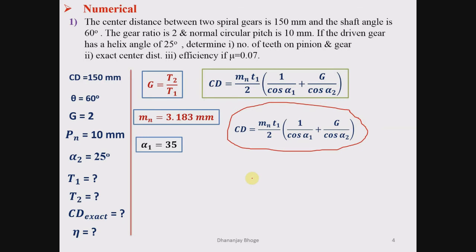Pn upon 2 pi in bracket Pn upon cos alpha 1 plus... हा मग त्याच्यात जर घेतलं तर Pn आपल्याकडे आहे. हा मग तेच सेम केलंय ना इथं. फक्त mn ची व्हॅल्यू आधी काढून घेतली. तू pn अपॉन पाय लिहिणार ना, तेच इथे लिहिलंय ना मी mn. mn इज pn अपॉन पाय, बरोबर. आणि इकडे T1 T2 होता, T1 बाहेर घेतला, मग T2 बाय T1 झाला G. सेम इक्वेशन आहे.